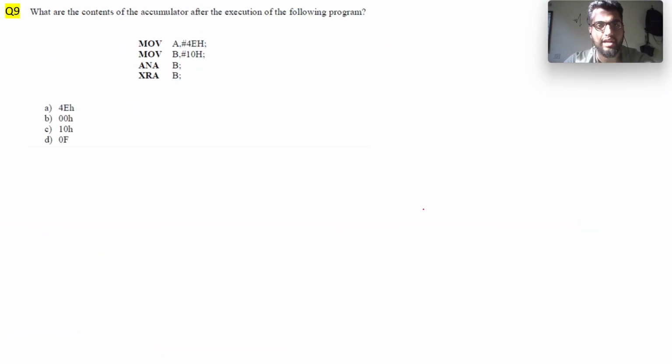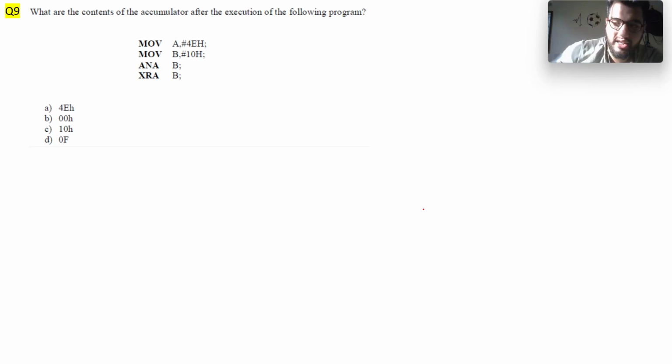Now, this question I would like you guys to do first. It's a very simple question. It asks what the contents of the accumulator are after the execution of the following program. What you need to do is find out the contents of the accumulator. I'll spell out the instructions: MOV A, MOV B, then ANA A, the mnemonic of the AND operation between the register and the contents of the accumulator.